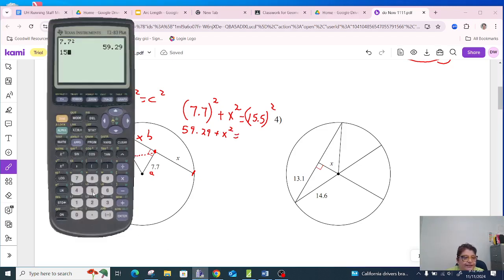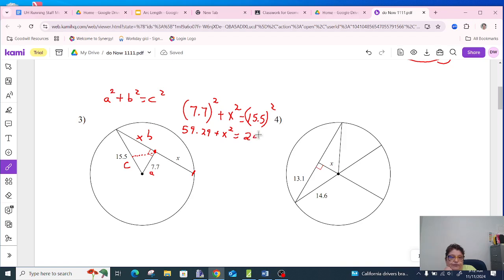So 15.5 squared is equal to 240.25. What do I do next? I have to subtract 59.29 from both sides, or just from here, you could just do it here.